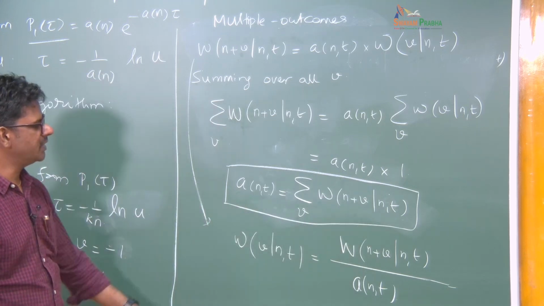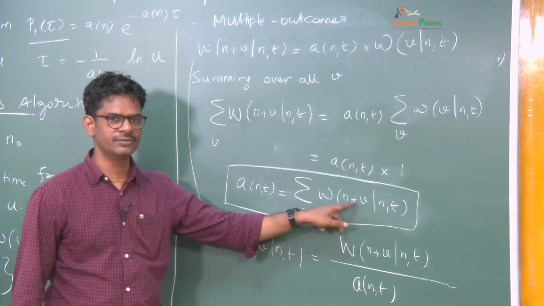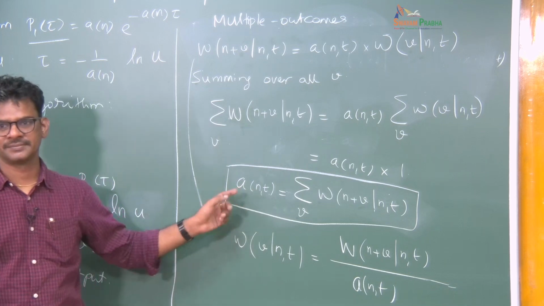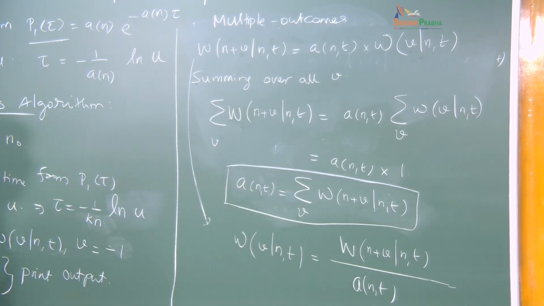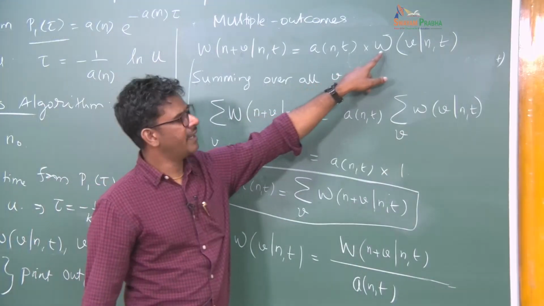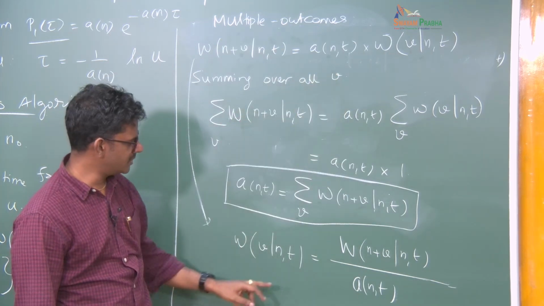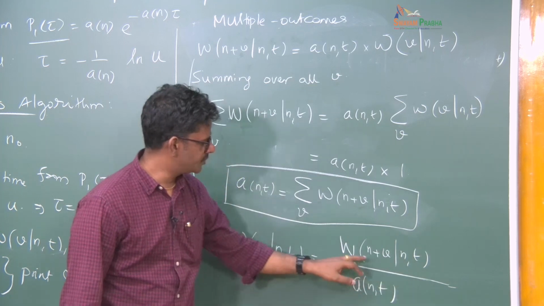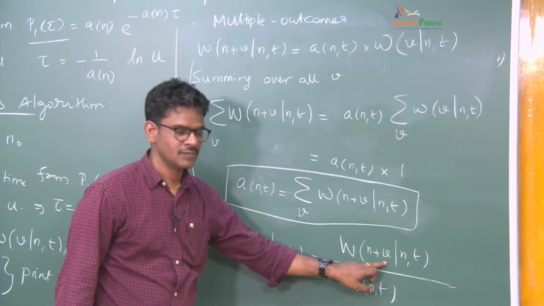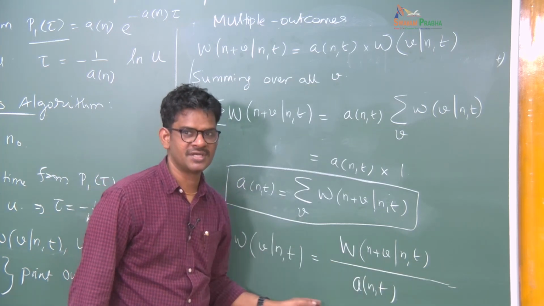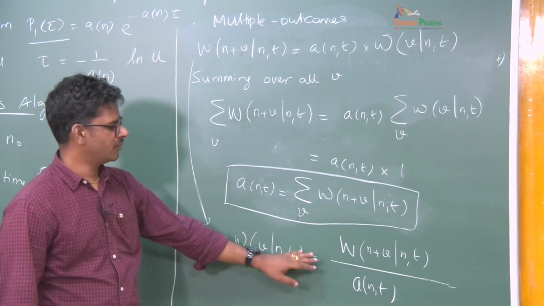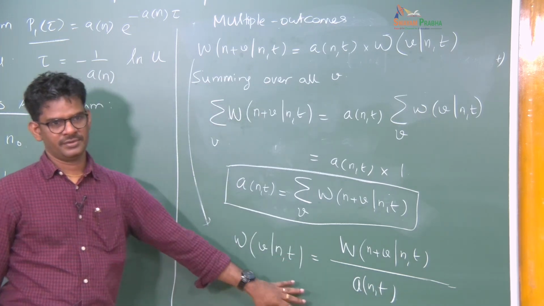So we have to set this function for all possible nu and sum over them, and that is your rate A. Now I can go back here and solve for omega. Omega is nothing but this divided by A. In other words, this is going to be a function specific to a chosen nu, whereas this one is going to be a constant because it's the sum of all the rates. I think it will become more clear when I take an example.